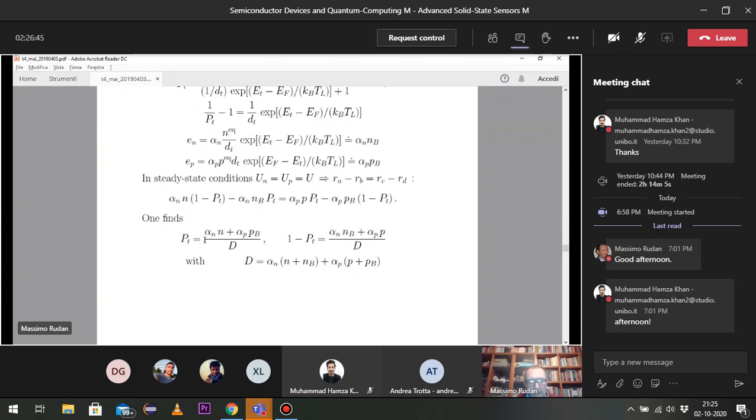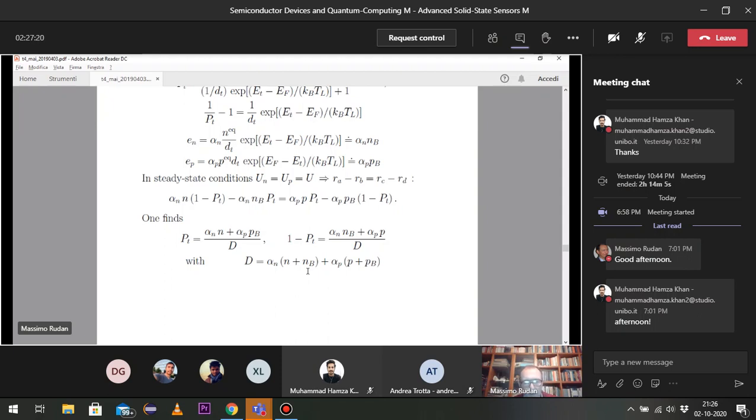Note that in the expression of pt, the denominator D is this, okay? So the expression of pt is the expression of the probability of occupation of a trap, expressed as a function of the concentrations small n and small p of electrons and holes and parameters.